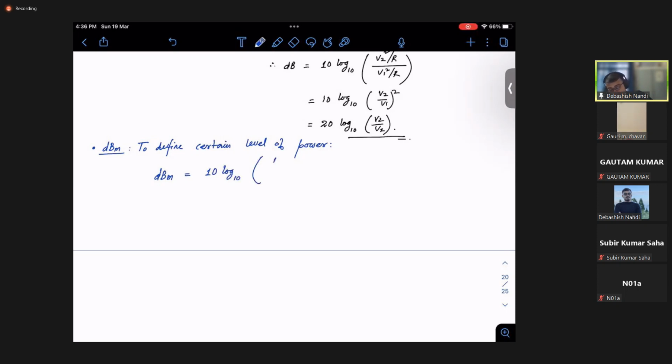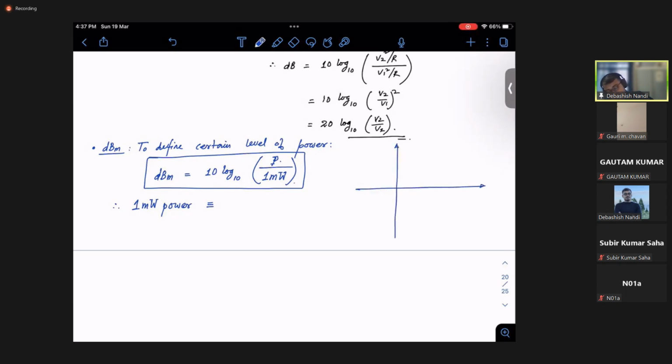So what is 1 milliwatt power in dBm? If I put P equal to 1 milliwatt, then it is log 1, and log 1 is 0, right? You see how the log plot is. This is log x, this is x. Let's say this is 1. So your log plot is like this, asymptotically reaching minus infinity toward zero.